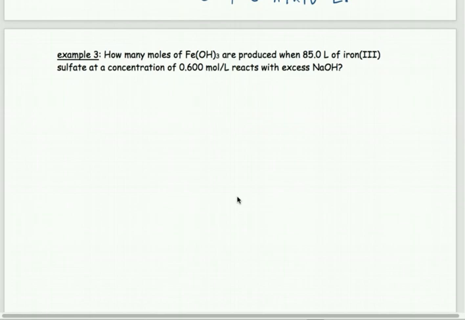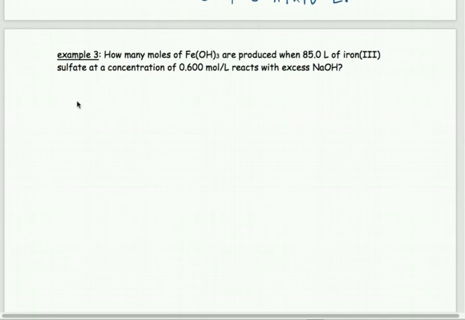So example 3: how many moles of iron 3 hydroxide are produced when 85.0 liters of iron 3 sulfate at a concentration of 0.6 reacts with an excess of sodium hydroxide? Okay, so a lot of stuff going on here, and again we have to build the balanced chemical equation. So we're trying to figure out how much of this is produced.